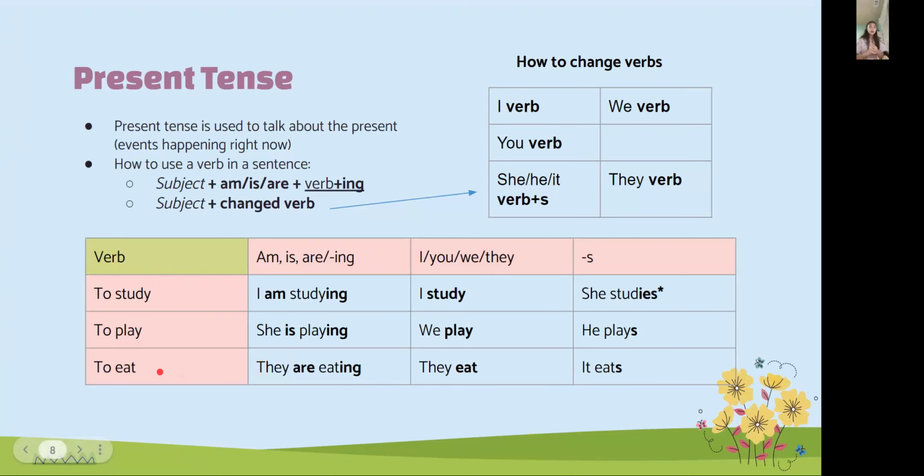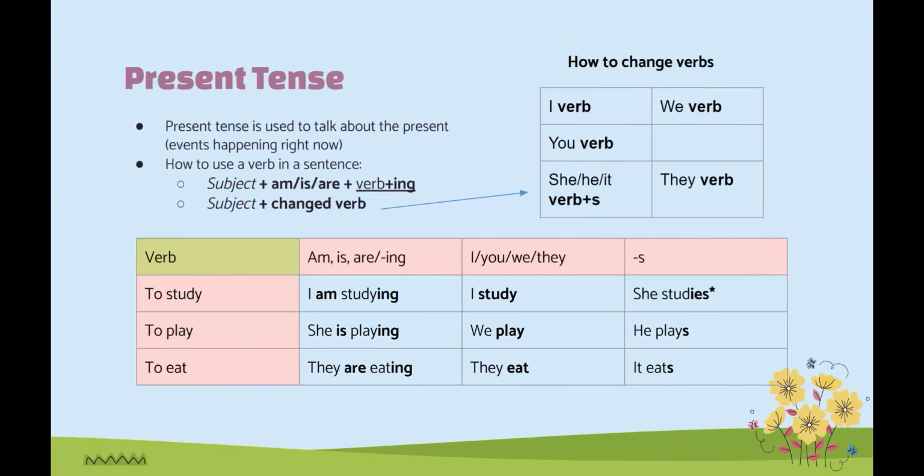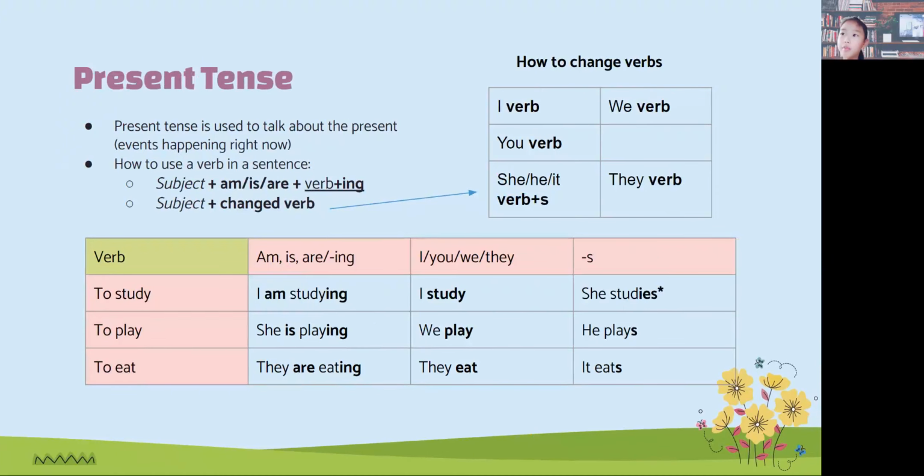Could you guys think of a sentence in the present tense that is using the ing or the subject am, is, are verbing form? Let's start with Sophia. Can you think of a sentence using the ing form? I am watching TV now. That's a really good sentence.